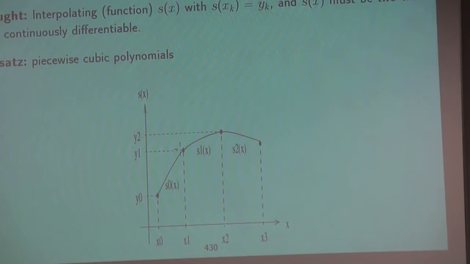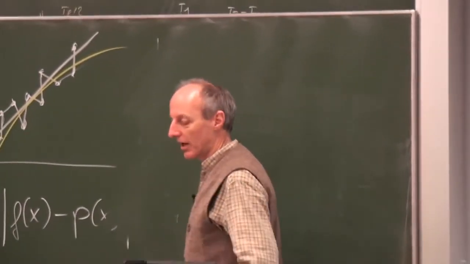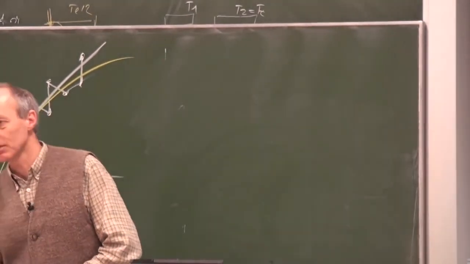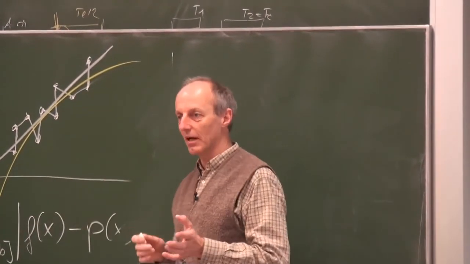Now let me show you what it means that the second derivative is continuous. This is a very strong requirement. It gives very smooth functions. You all know how such a sports stadium with a soccer field looks like.